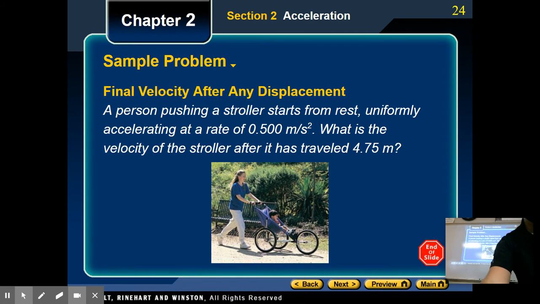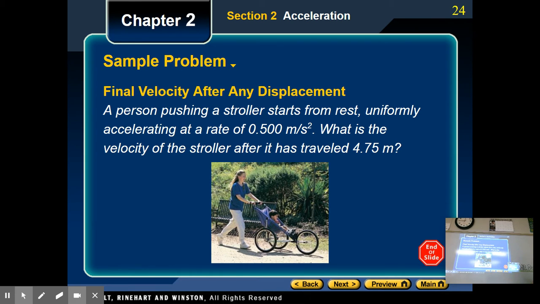All right, so we're going to hop right into the problem, dealing with final velocity after any displacement, again referencing that fourth formula. We have a person pushing a stroller, starting from rest, uniformly accelerating at a rate of 0.500 meters per second squared. What is the velocity of the stroller after it has traveled 4.75 meters?